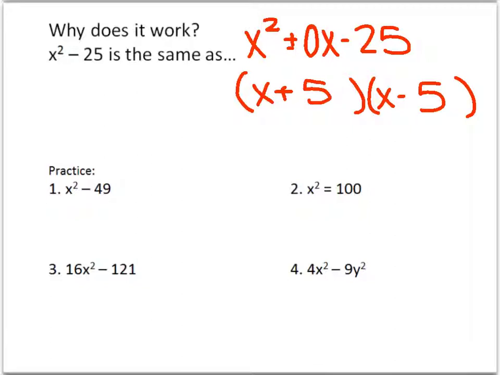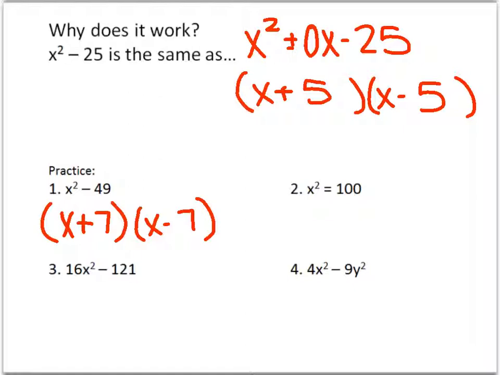Who would like to try number 1 for me? Mike. X plus 7 and x minus 7. Perfect. For number 2, we need to take a step before we factor. Nate? Is that a hand? Kind of. Hannah?